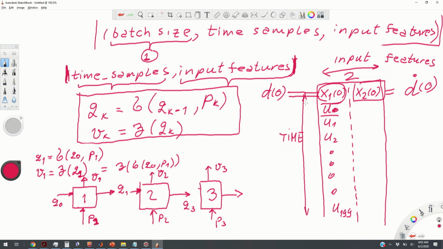However, for this video and for this implementation, we are going to assume that the initial state is known, and the remaining entries on the second column of your input tensor are going to be 0. So this is how our inputs for training the network will be organized.